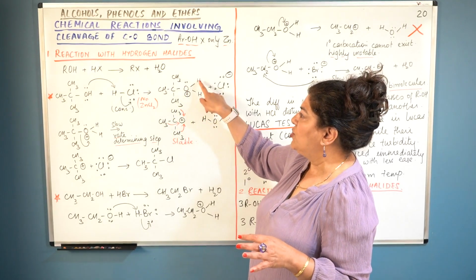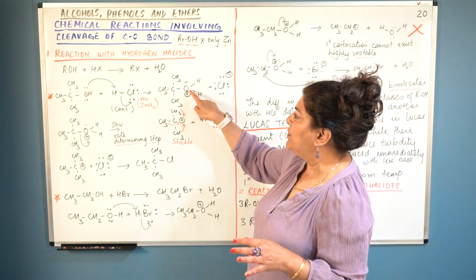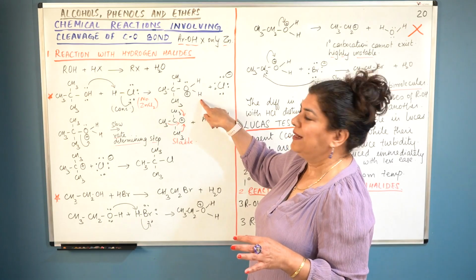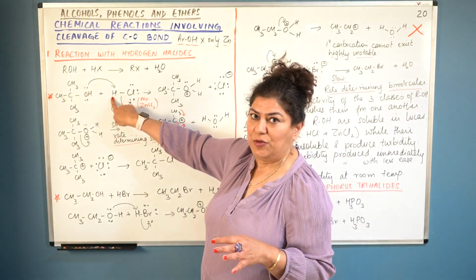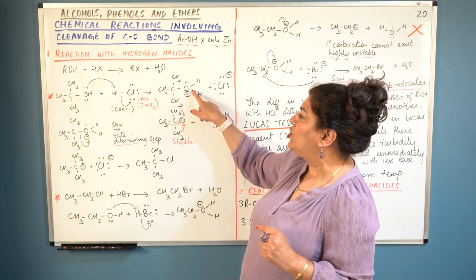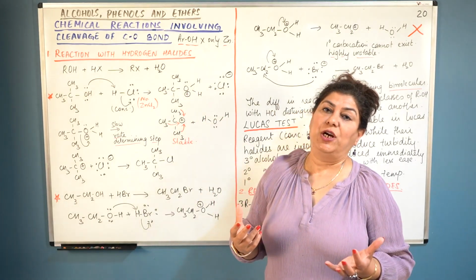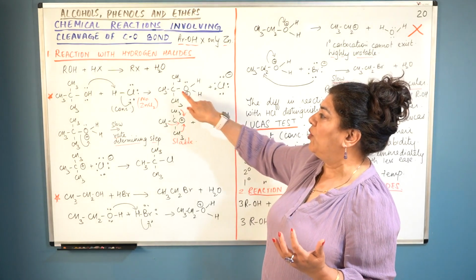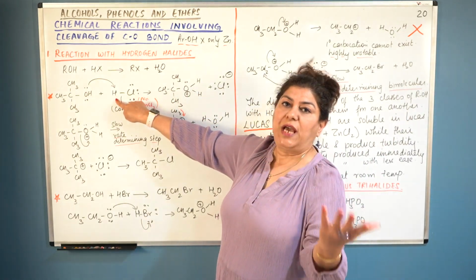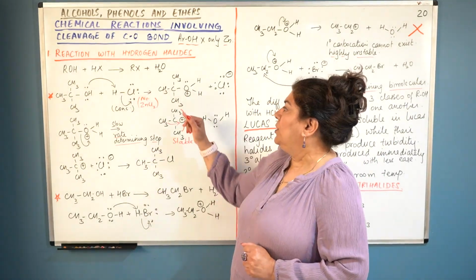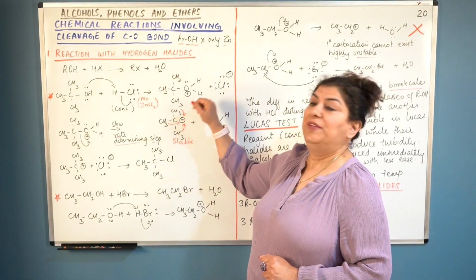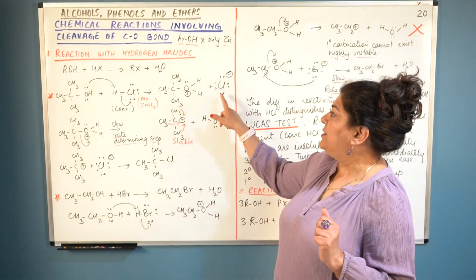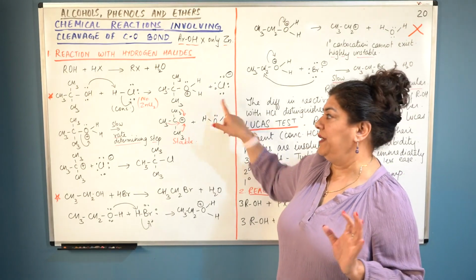O, the hydrogen is already there, and one lone pair which was used is used to form a bond with another hydrogen. That is this hydrogen. As a result, oxygen acquires a positive charge because the lone pair of electrons on oxygen was used up to form the bond with this hydrogen, which did not have any electrons. So it results in the formation of this cation. And the anion that is formed is the chloride ion.